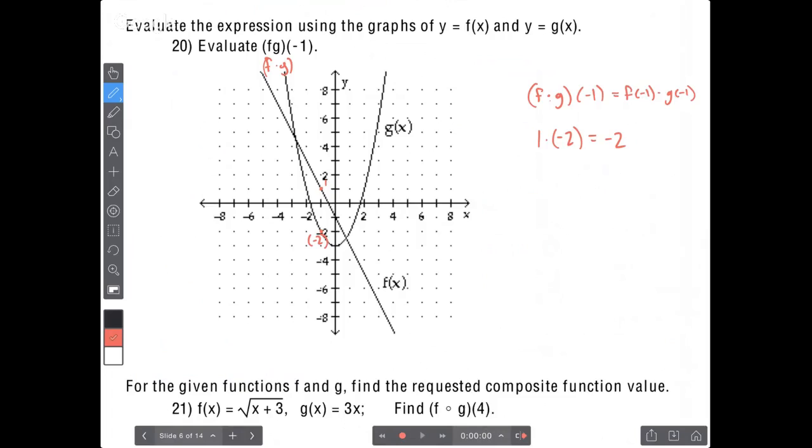This point was negative 1 comma negative 2. And this point was negative 1 comma 1. So f of negative 1 was negative 2, and g of negative 1 was 1. So the f times g of negative 1 was negative 2. That's number 20. Cool. Any questions about number 20?